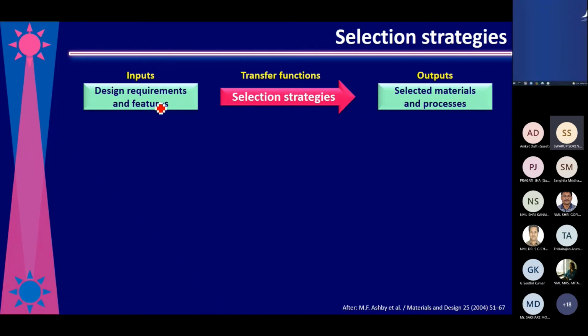The design requirements and features of a product mean what it is going to do, what the function of the materials is, and these design requirements are determined by the market need and our own exercise of determining what the different components in the product are and how they are going to function, which will decide how the product will perform.